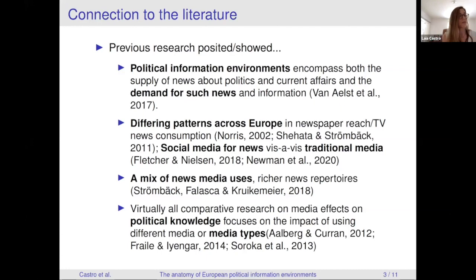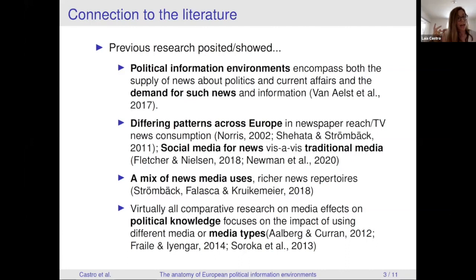So to richer news repertoires, and they have found, for example, minimalists, that is individuals who use only low source, low frequency news media diets, also traditionalists or online only news users. And finally, virtually all research on media effects on political knowledge focuses again on the impact of using certain media types, namely, for example, public service broadcasters.